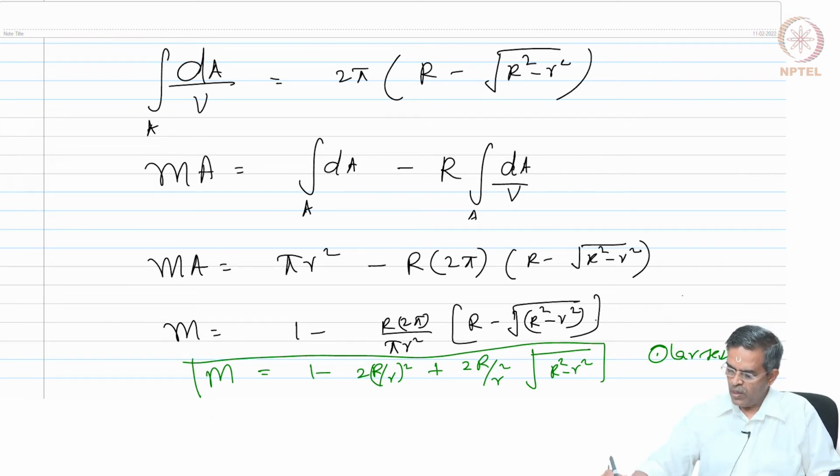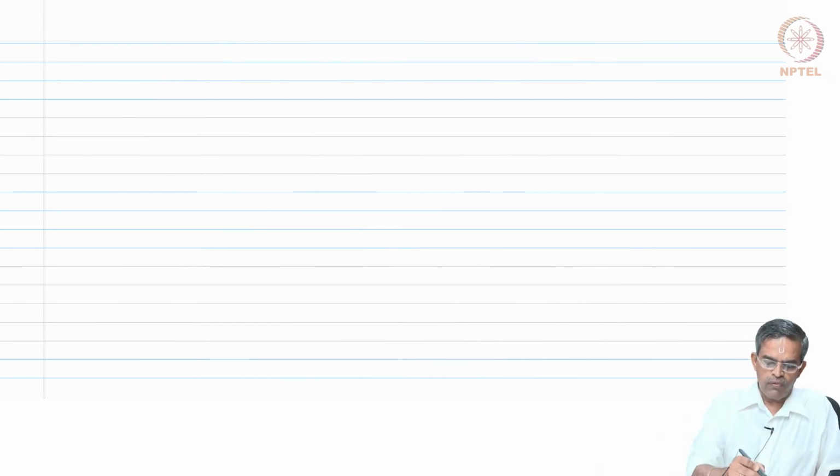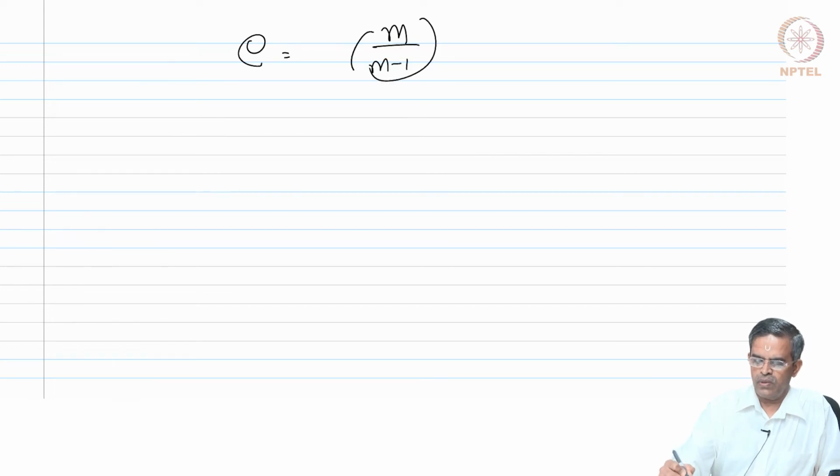So, if you know the values of R and r, one can find M. So, it is a geometric property, right. So, now I can find E as M by M minus 1 of R.